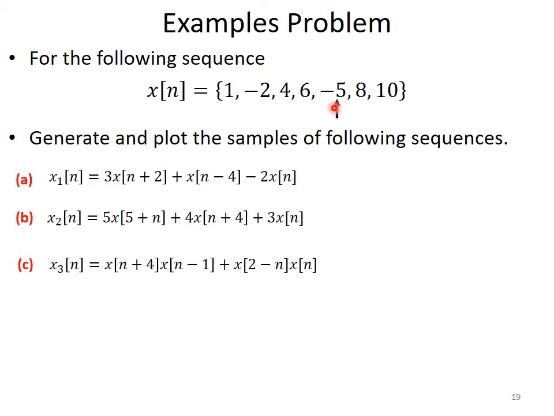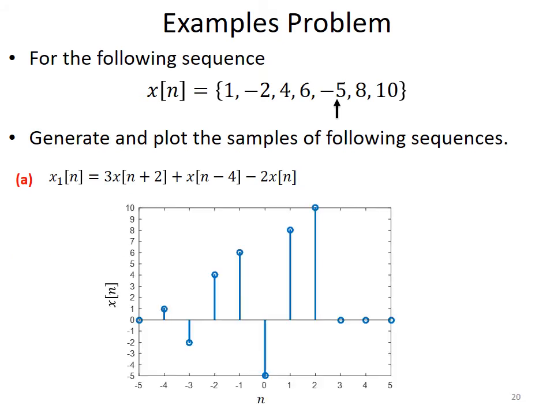So I'm going to solve only the first one, and I would leave the other two as homework for you, right? So let's start the solution of example problem A. First I have plotted the graph of x of n, so that you can understand how the samples are represented.